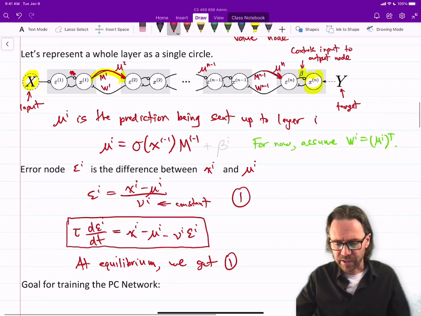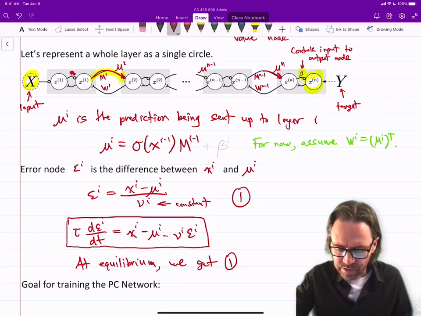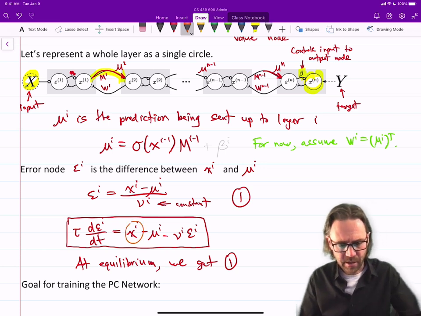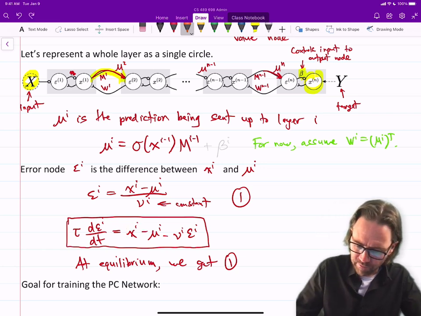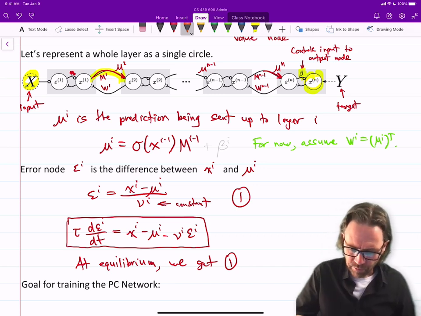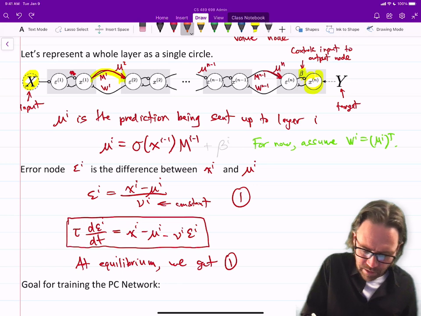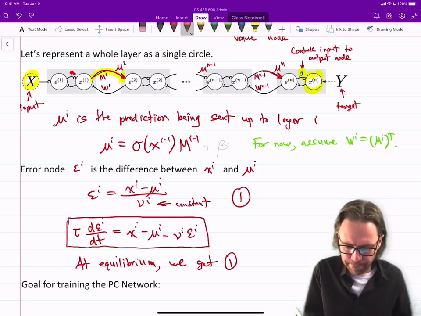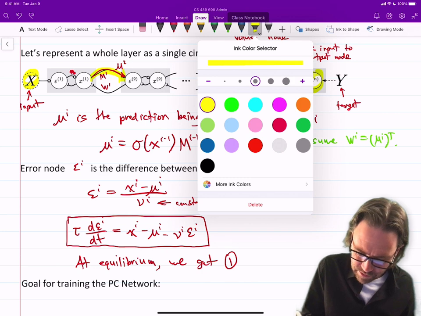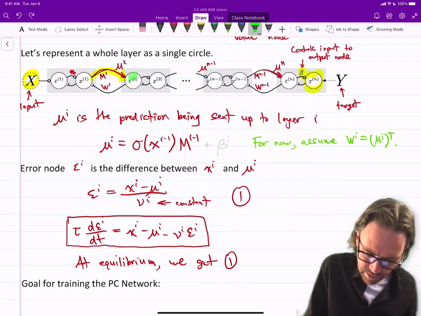And you can sort of see the connections. You can see that there are different things coming in. One thing that's coming in is this xi. So if you look at what's coming in, here for epsilon 2, for example, what's coming in?